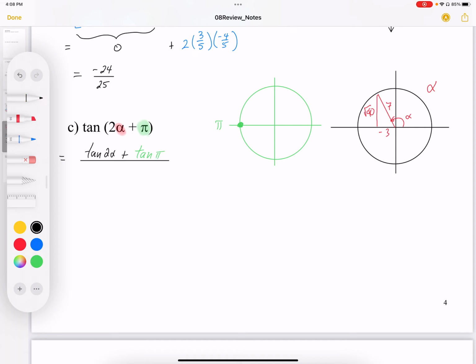And in the denominator, we have 1 minus tan 2 alpha times tan pi. Okay, so that's the sum identity. We still need to resolve this double angle, but to start with, we can work this out.